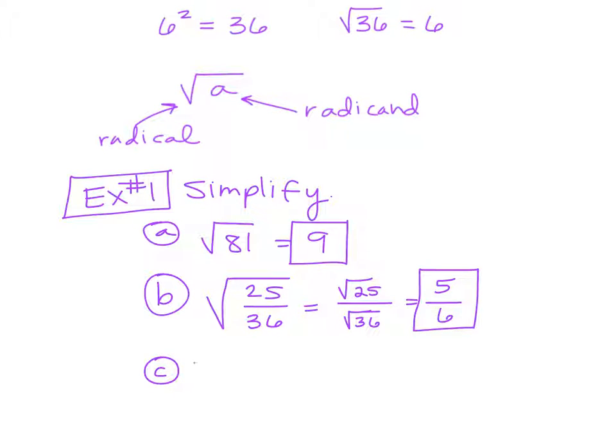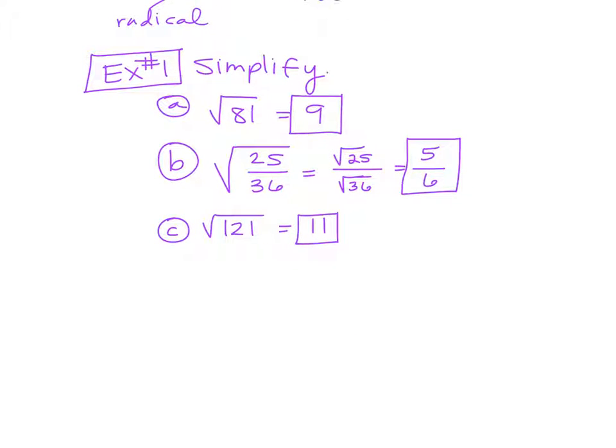What is, anyone know this one? The square root of 121? That's 11, right? 11 times 11 would get you 121. Okay, and then what would the square root of 49 over the square root of 144 be?